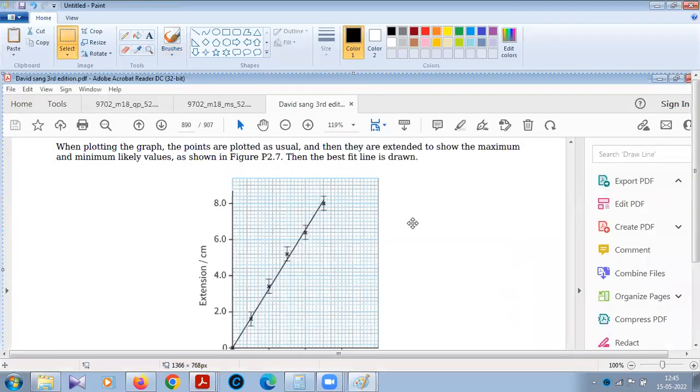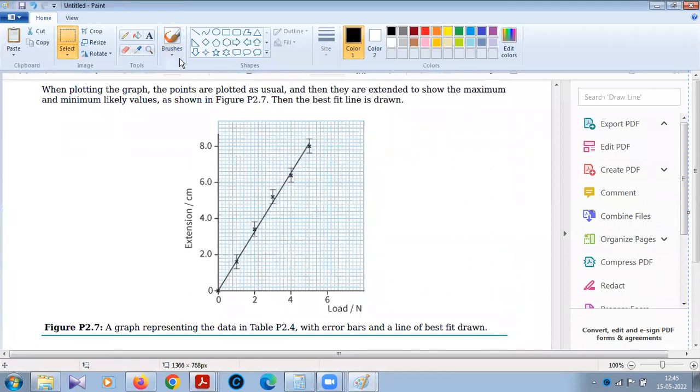You show some triangle like this. One point you are taking here, another point you are taking here. You find out the coordinates x1, y1 and x2, y2, and then y2 minus y1 upon x2 minus x1, and that will give you the slope.